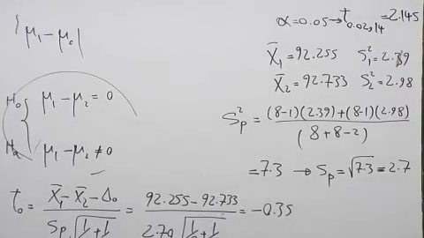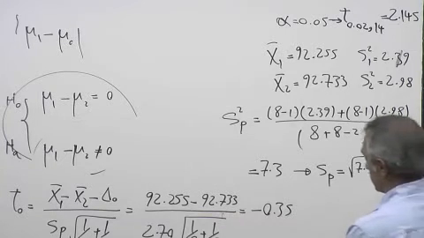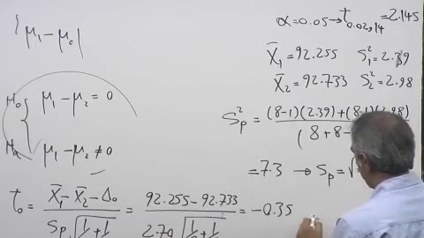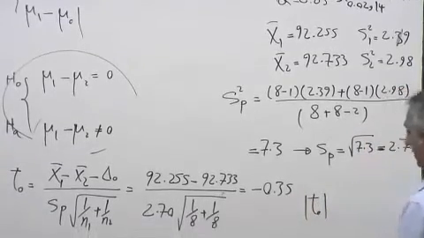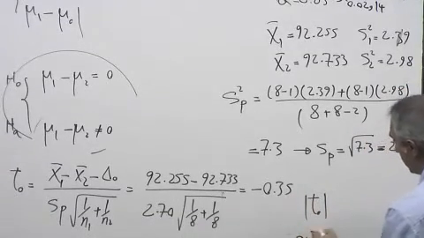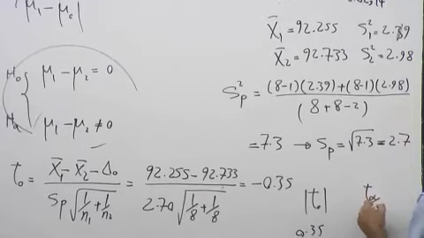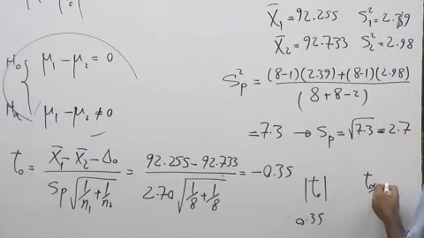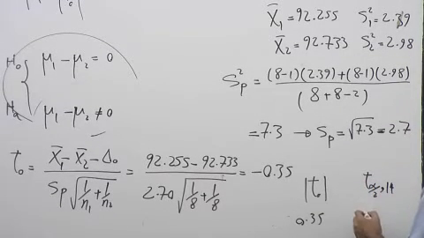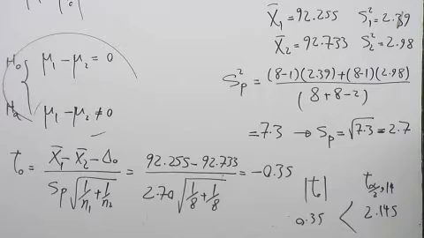Let me double check. Yes. So the absolute value of T0 is 0.35, and T alpha over 2 with 14 degrees of freedom is 2.145. This is less than.